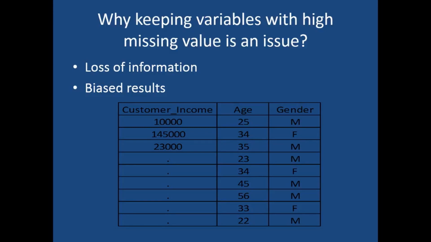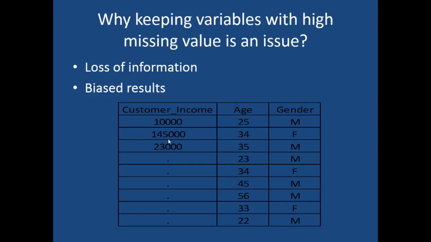One of the problems is that you will be losing information, and the results from your models are going to be biased. So one should ensure that variables with a very high number of missing values are kept away from the modeling, or dropped from modeling, right?